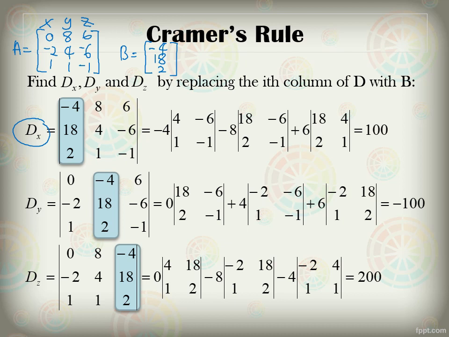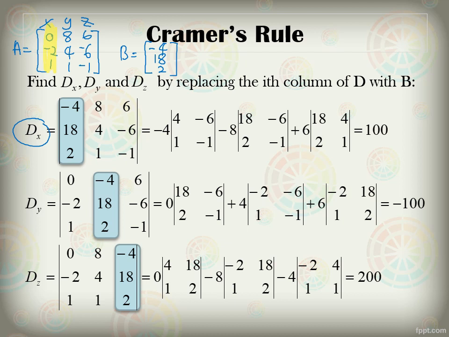So I choose this column, and all the elements in this column, we delete. The second column and the third column will remain. So you see here, the column for y and the column for z remain, all the elements remain.